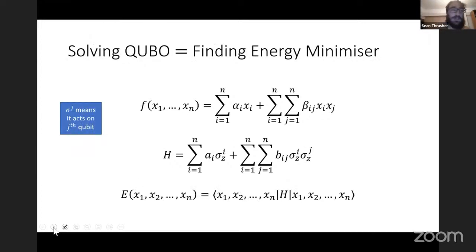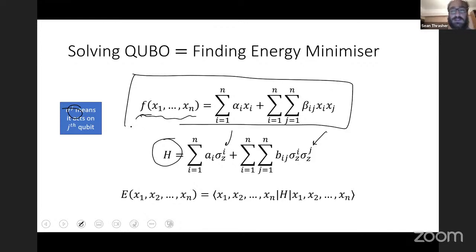Okay, and to make it clear, this superscript here means that we're acting on the ith or the jth qubit. And notice that now the expectation of H corresponds essentially to the output of F. So we've taken this problem of finding a maximizer or minimizer of F to finding a maximizer or minimizer of an energy.